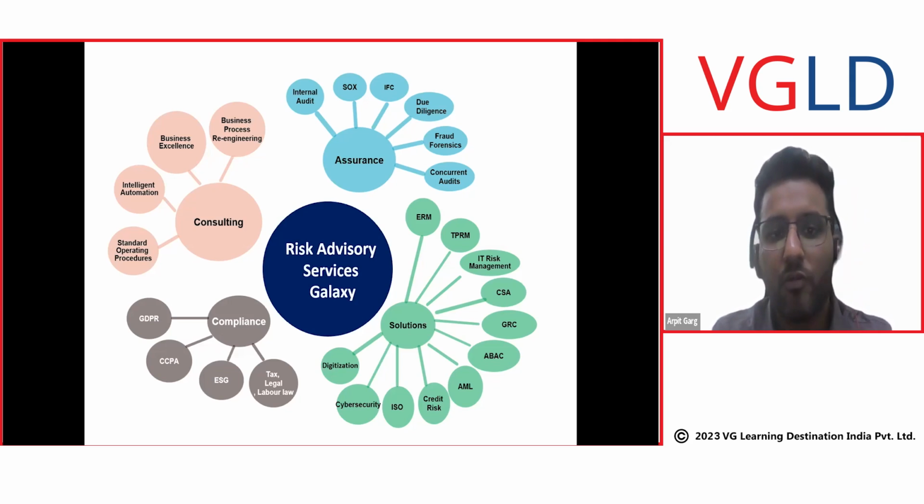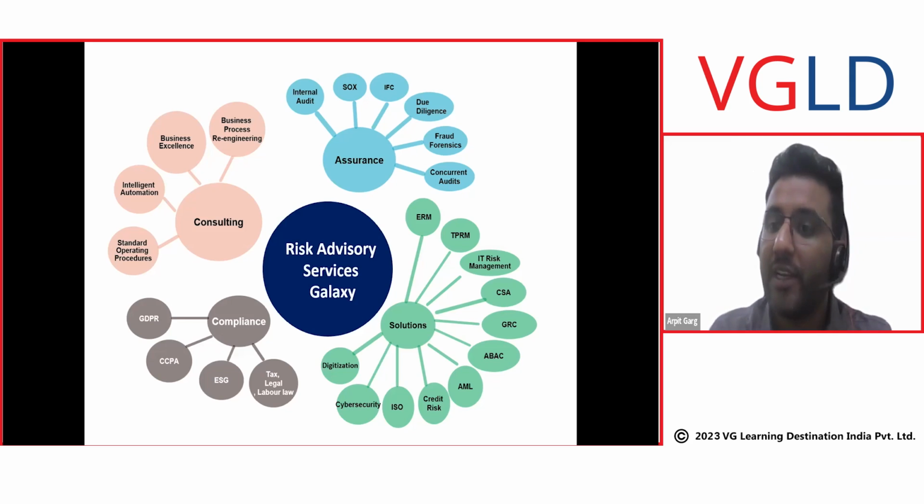Are we clear in terms of what is the scope, what are the service lines we can work on? And in all these cases, if you're an internal auditor, you will be given much more advantage and much more weightage as compared to any other person, because you would know what is enterprise risk management, you would know what is the risk, what is the control, who is responsible for what, what is forensic, you will know what are the different types of controls.